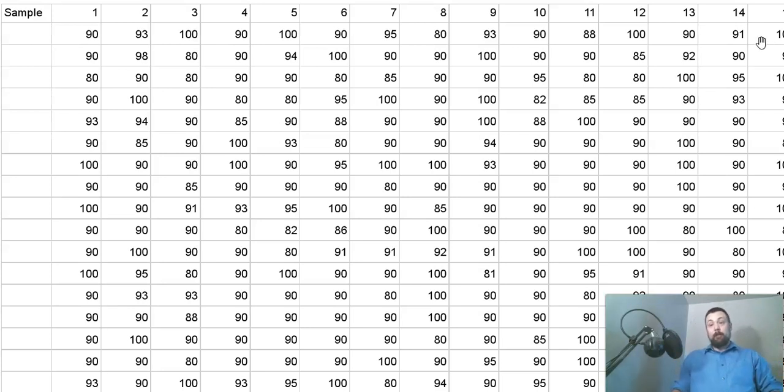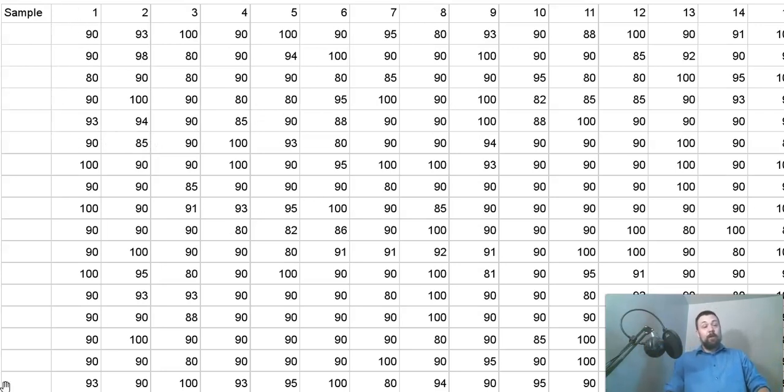So I got 15 different samples of size 30. So here's my first sample. These are the first 30 numbers in the randomized list the first time I ran it. Here's the first 30 numbers in the randomized list the second time I ran it. Here's the first 30 numbers the third time I ran it. So I'm getting 30 random numbers from that data set, and I did this 15 times.